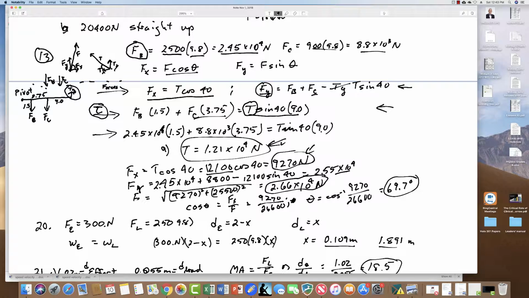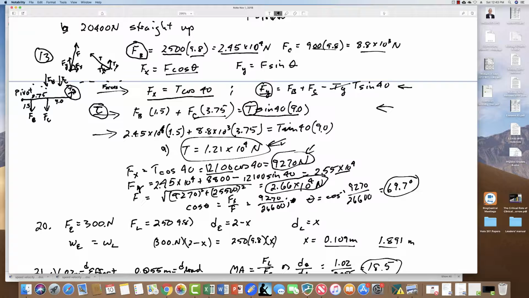And that means that F, by Pythagoras' theorem, has to equal the square root of the sum of the squares of these two quantities we just calculated. And that's 2.66 times 10 to the 4th newtons.